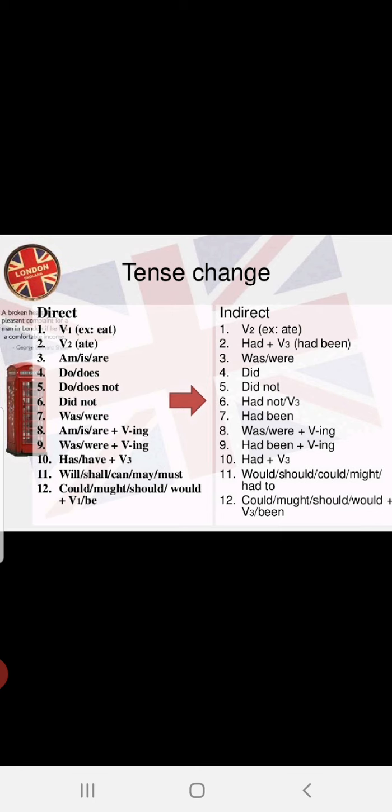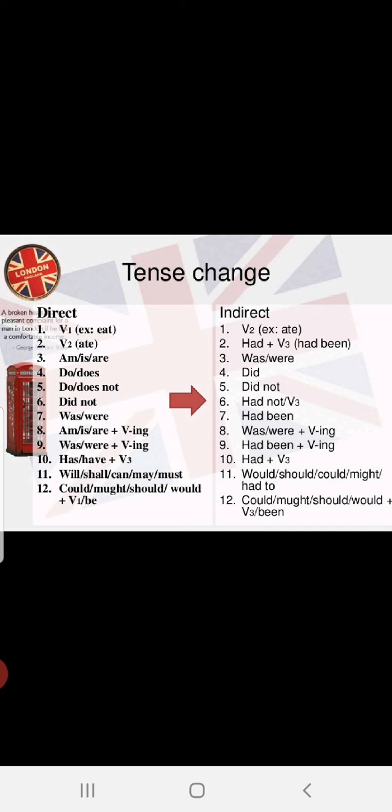Fine. Now, am, is, are will change to was and were. Do, does will change to did. Do not, does not will change to did not. Did not will change to had not, that is V3 form. Fine. Then was or were will change to had been.